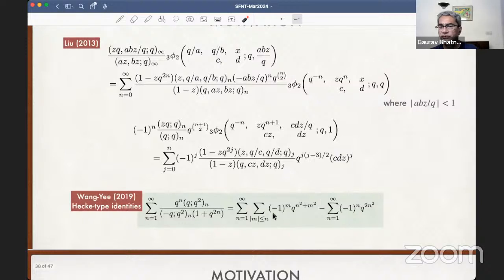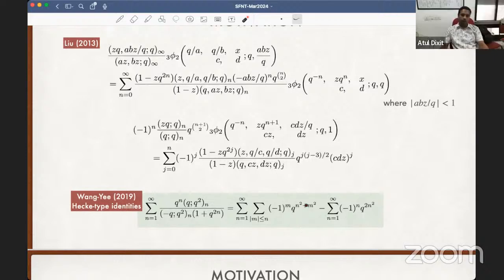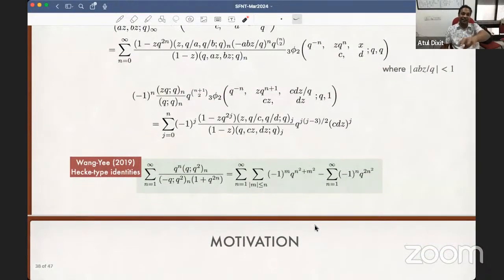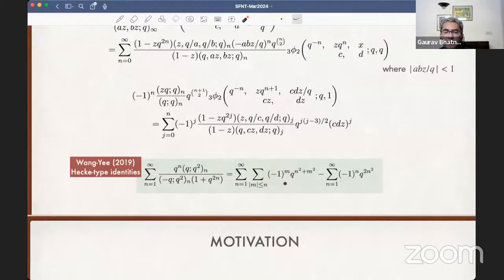Now, these are very special cases you take and then you do some manipulations. Those special cases I'm trying using Surbhi's results to see if we can get something close to this. That will be very interesting because they have a structure of the Hecke type. Yeah, these are Hecke type identities. And they're false theta functions, and these are almost like, I think this may be a mock theta function.